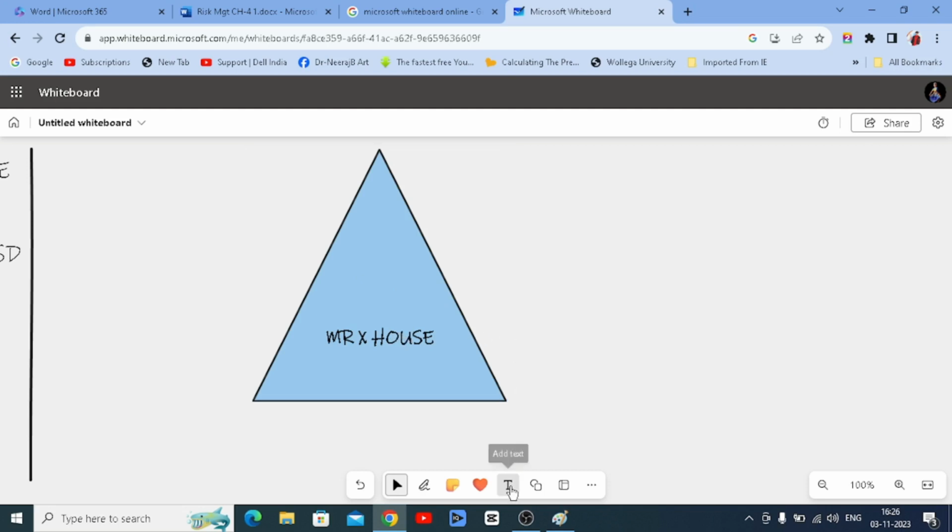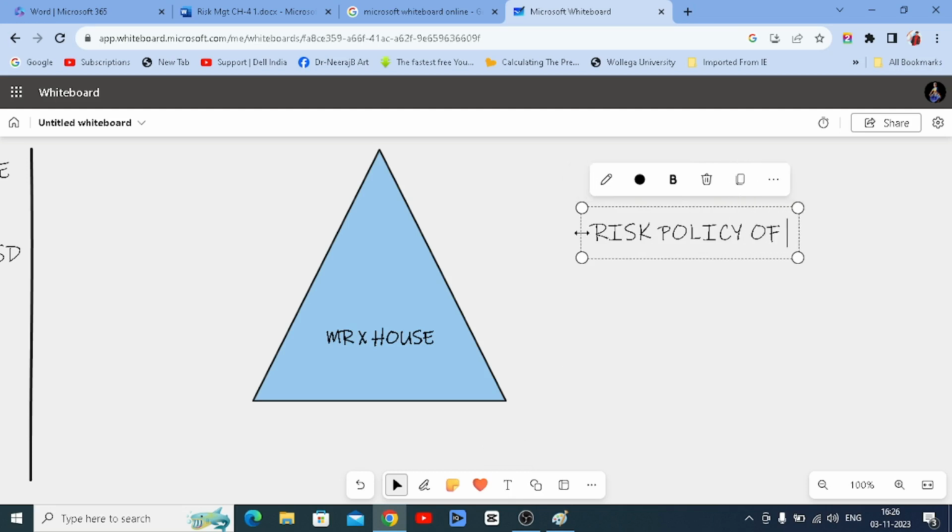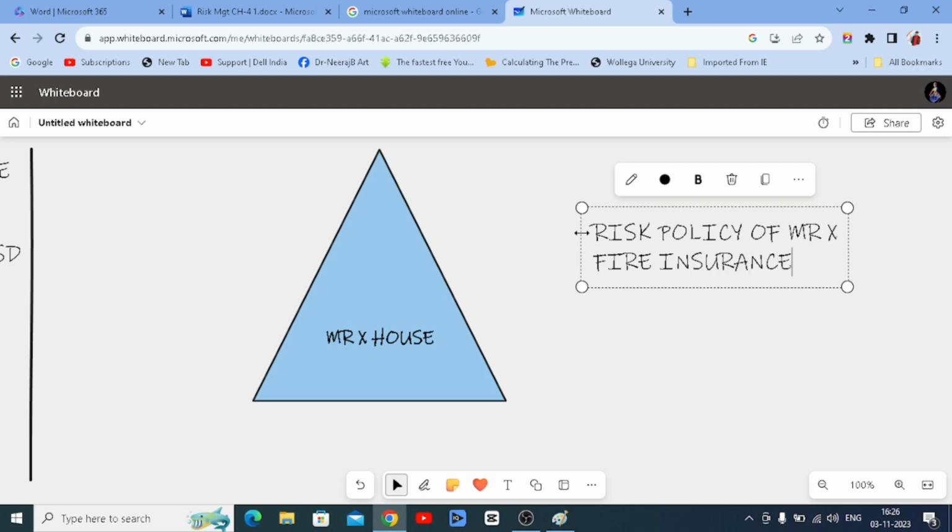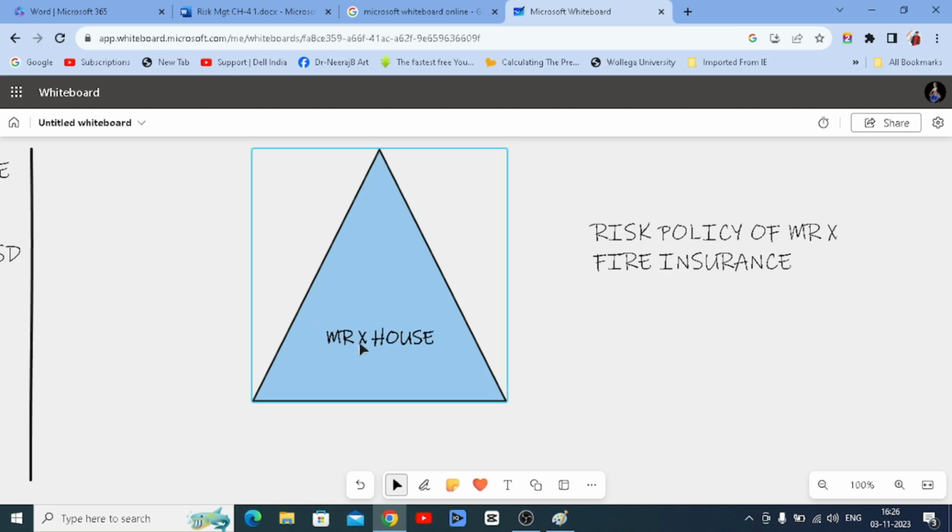Which insurance is he covered for? The policy of Mr. X is fire insurance. Now, let us take a case study and decide whether Mr. X will be paid a claim or not.